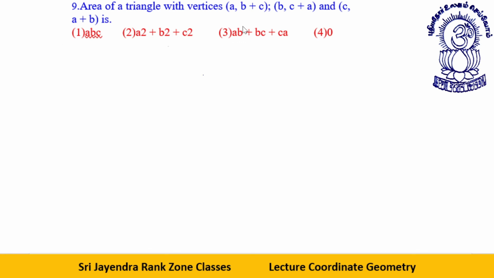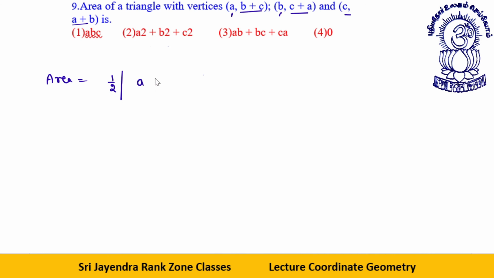Area of a triangle with vertices A, B plus C; B, C plus A; and C, A plus B is, this is x1, this is y1, this is x2, this is y2, this is x3, this is y3. Directly apply the formula. What will the area be? Area will be half in the modulus.